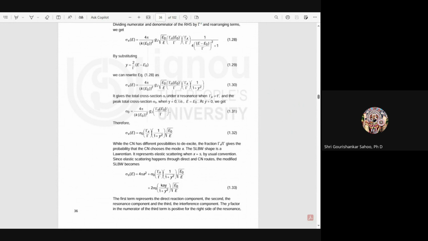The fraction gamma x by gamma gives the probability that the compound nucleus chooses the mode X.